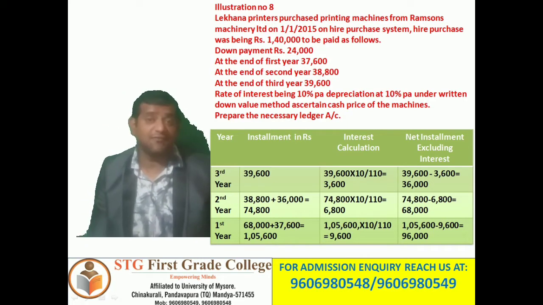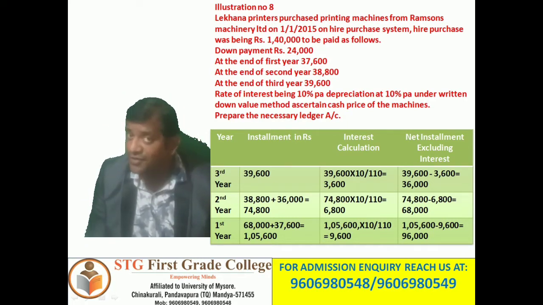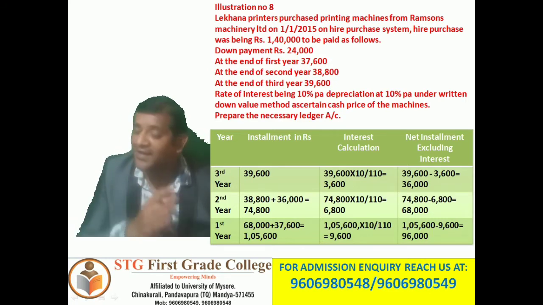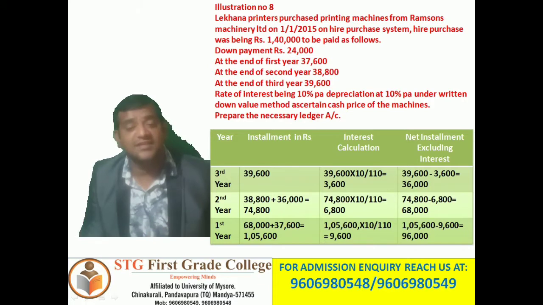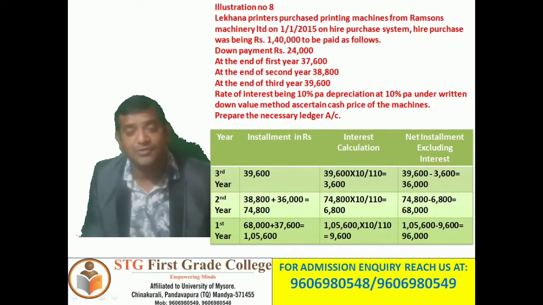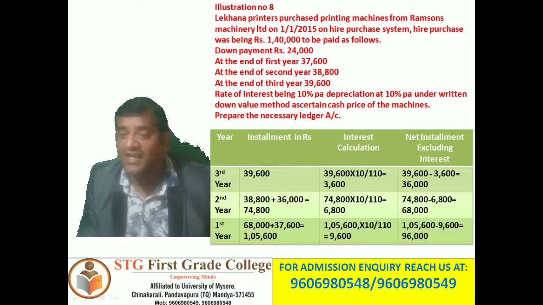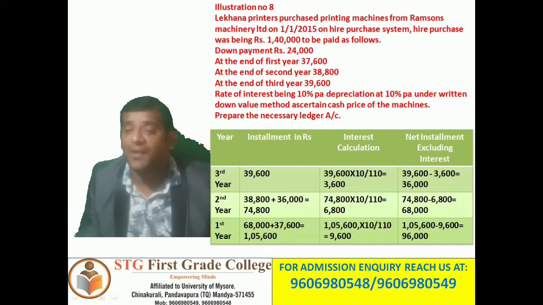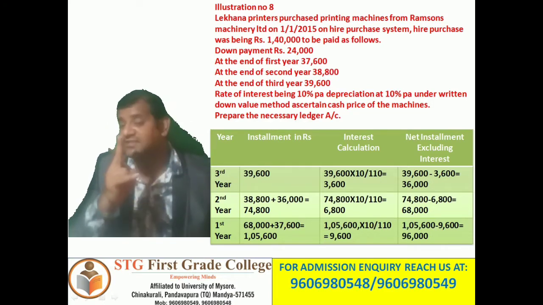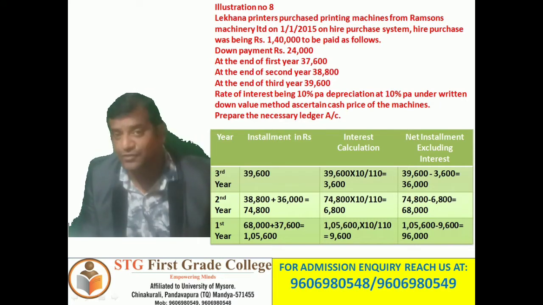Now 74,800 into 10 divided by 110 gives the interest amount, 6,800. Now deduct: 74,800 minus 6,800. So the net installment excluding interest in the second year is 68,000 rupees.